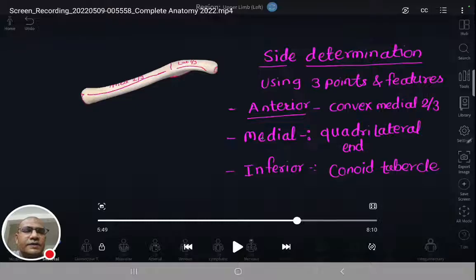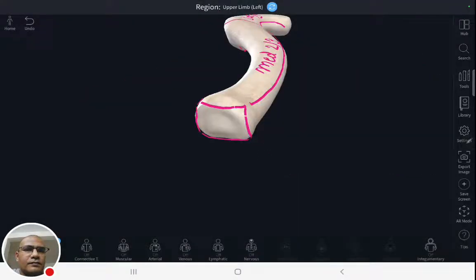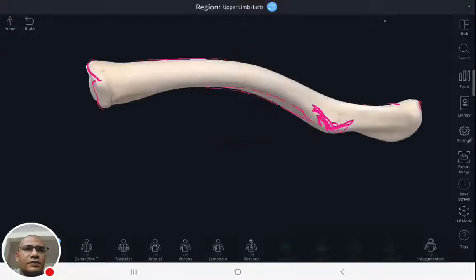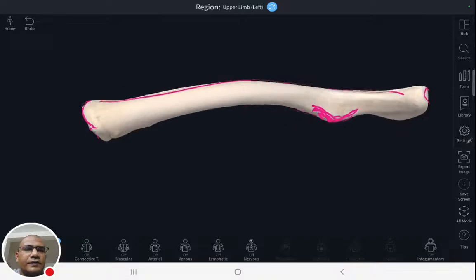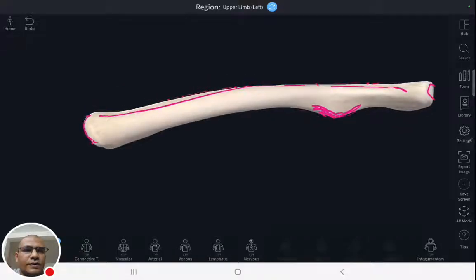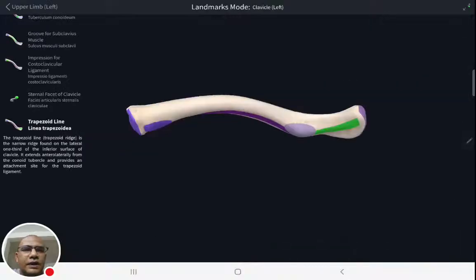The superior surface is smooth. So: medial quadrilateral end, inferiorly conoid tubercle, and medial two-third anterior border convex.